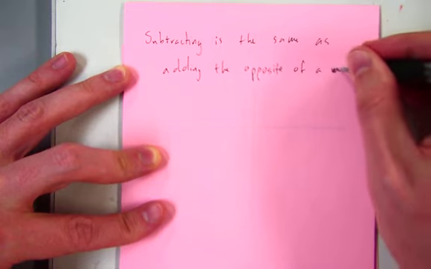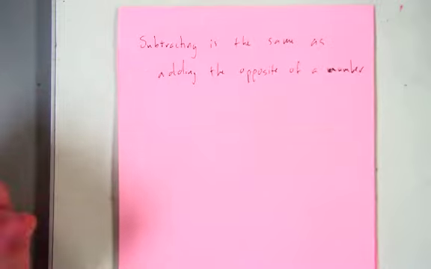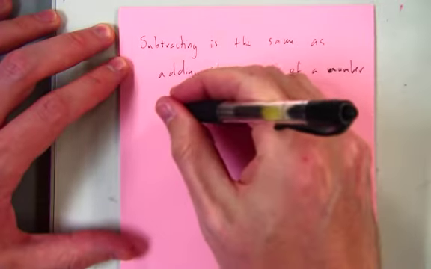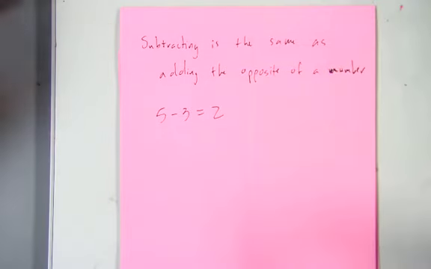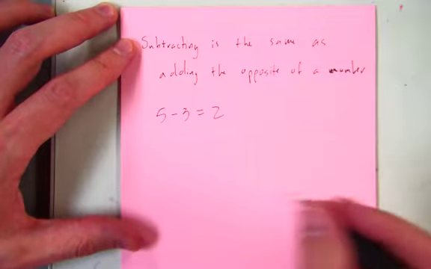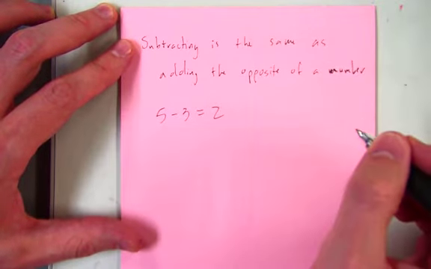Opposites we're going to get by just changing the sign. So if I have something like 5 minus 3, we all know that that's equal to 2. We've done that a million times, right? But we can also use this rule to see how this would work. Subtracting is the same as adding the opposite.